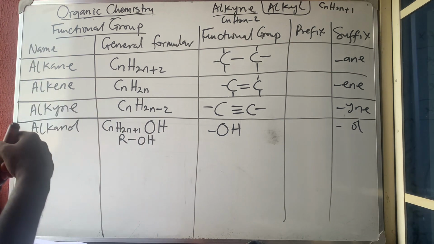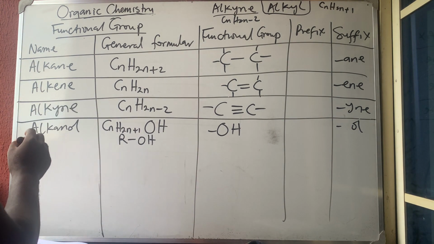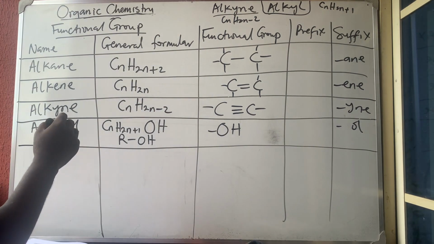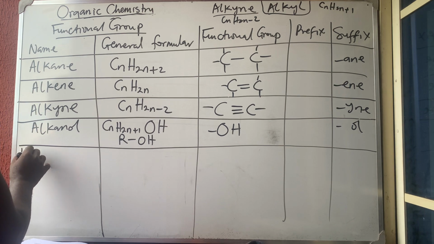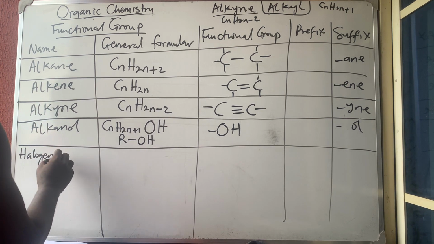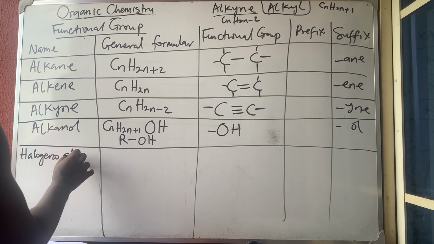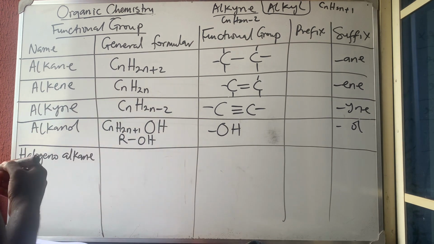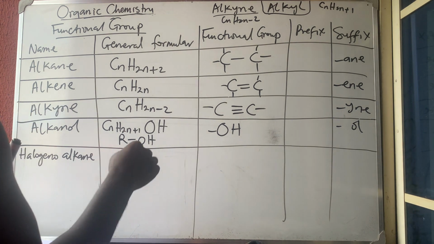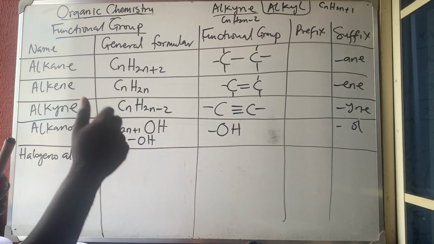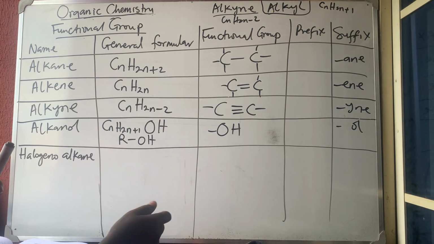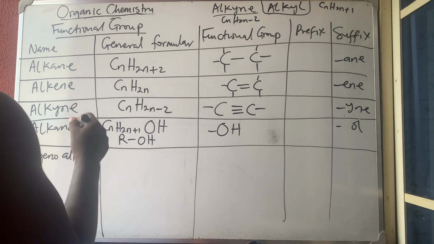So the next one is the halogenoalkane. For the halogenoalkane, don't forget the halogens: the iodine, the bromine, the chlorine.